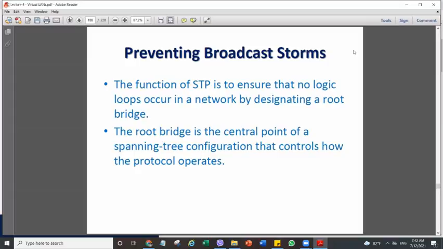Here it is talking about the router. Yeah, this part is clear about the root bridge.